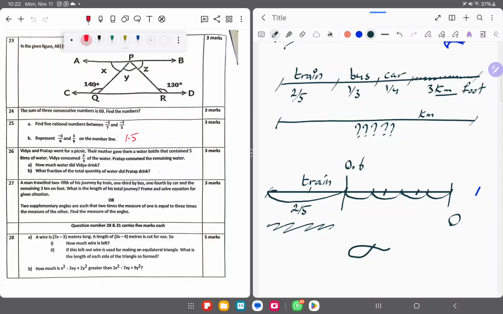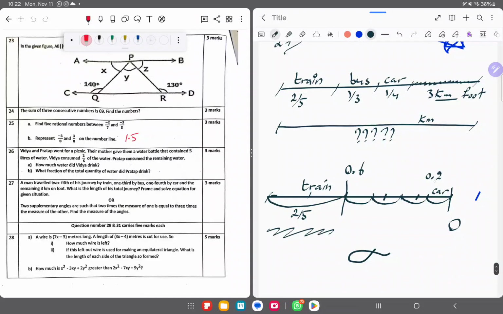Okay, so these are 4. I need to use 1 over 4 for the car. So this is the car. Now 1, 2, 3. This is 0.2, and I need 1 over 3. So 1 over 3 is 0.33. So from 0.2 go 0.33.